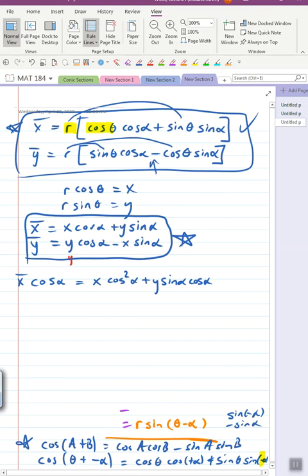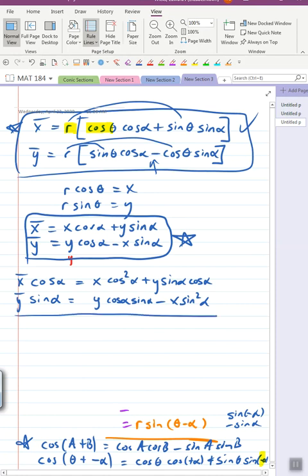And if I multiply the second equation by sine alpha, that first term on the second side would be y cosine alpha sine alpha minus x sine squared alpha. So far so good?